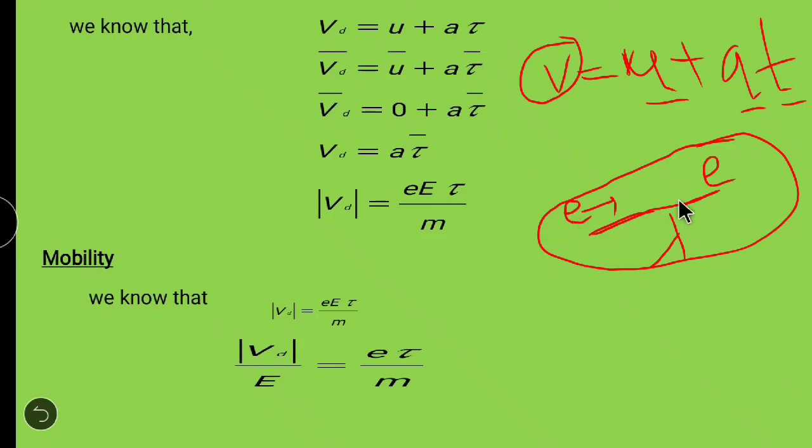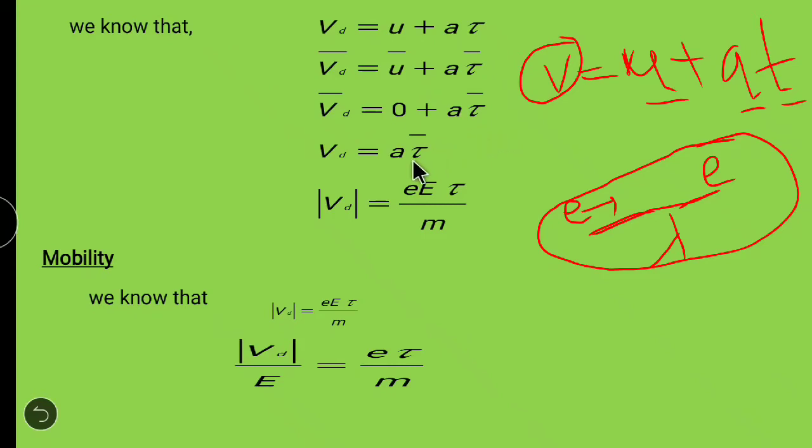I mean to say the time taken between 2 collisions. So here, students, I have taken the full average. Average drift velocity is equal to average initial velocity plus acceleration into average relaxation time. So the average initial velocity that you have been taught is 0 because of the different directions. So Vd is equal to a tau.